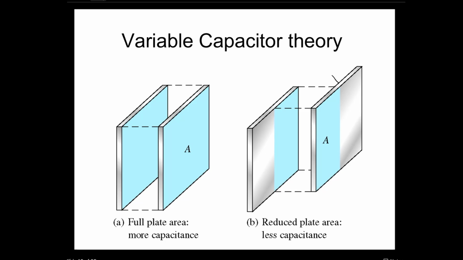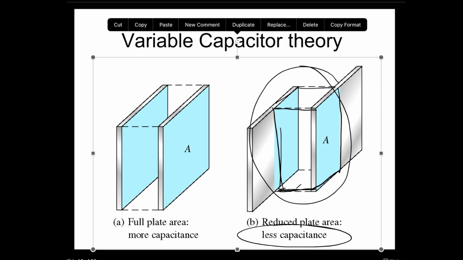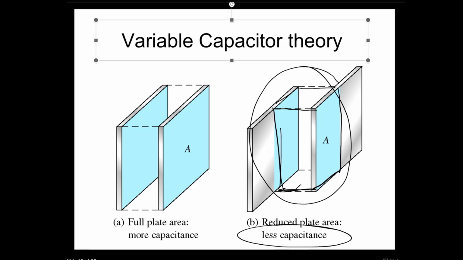Now, notice how these plates are still the same size plates, but they've been shifted so that the overlapping of the plates, which would be the part that develops capacitance, has been affected by the shifting, right? So notice how there's less capacitance because essentially the plate mesh is less. So this is the most practical way of creating a variable capacitor.